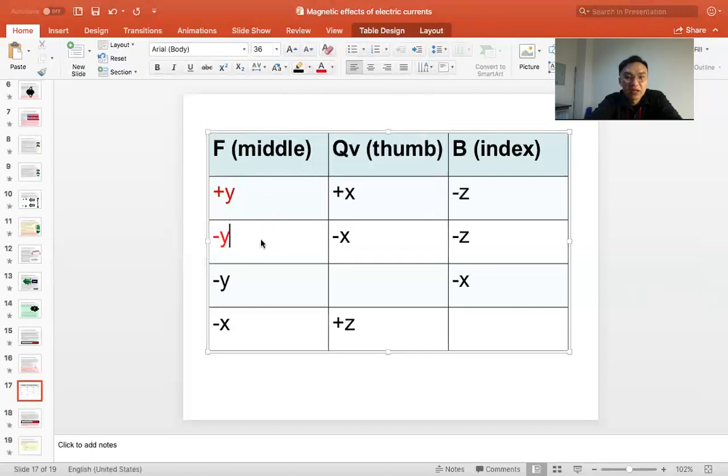So how about for this one? I'm looking for where the q is going.